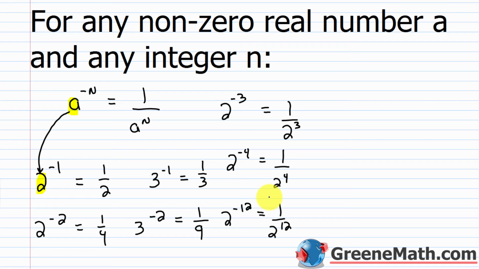Very, very straightforward rule. All right, so 4 to the power of negative 3. What do we do here? Flip the base, so this becomes 1/4. And then this exponent is now going to be positive. It's still on 4, but it's now positive. So 4 to the power of negative 3 is equal to 1 over 4 to the power of 3, or 1 over 4 cubed. 6 to the power of negative 2.